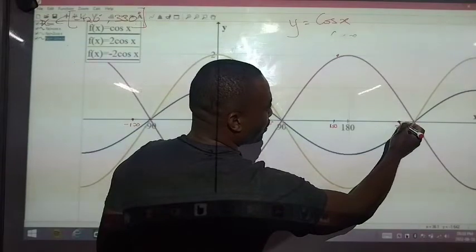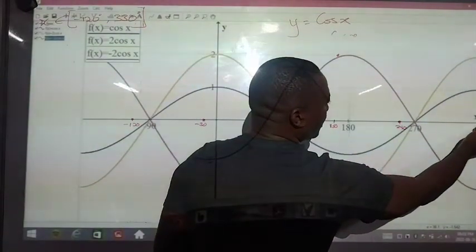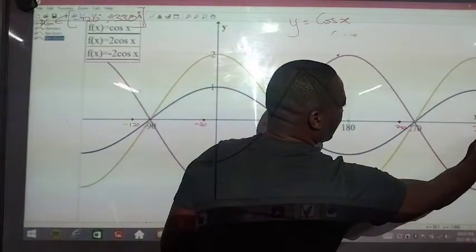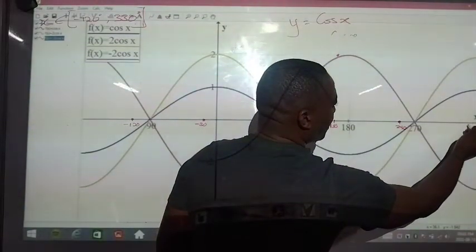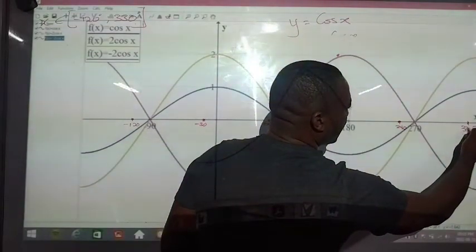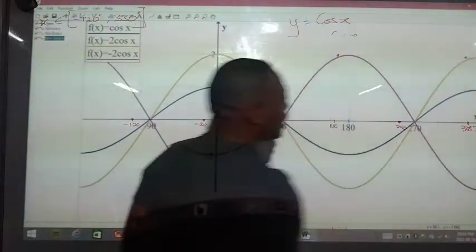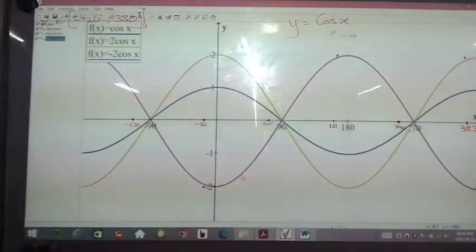So the graph is going to cut the x-axis there. And then 360, we move 30 degrees, that will be 330 degrees. So that's where the graph is going to attain the maximum.